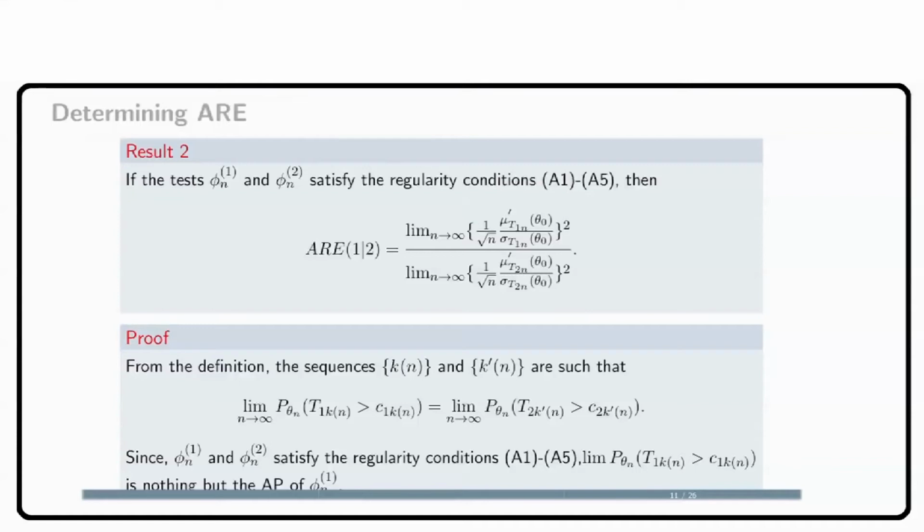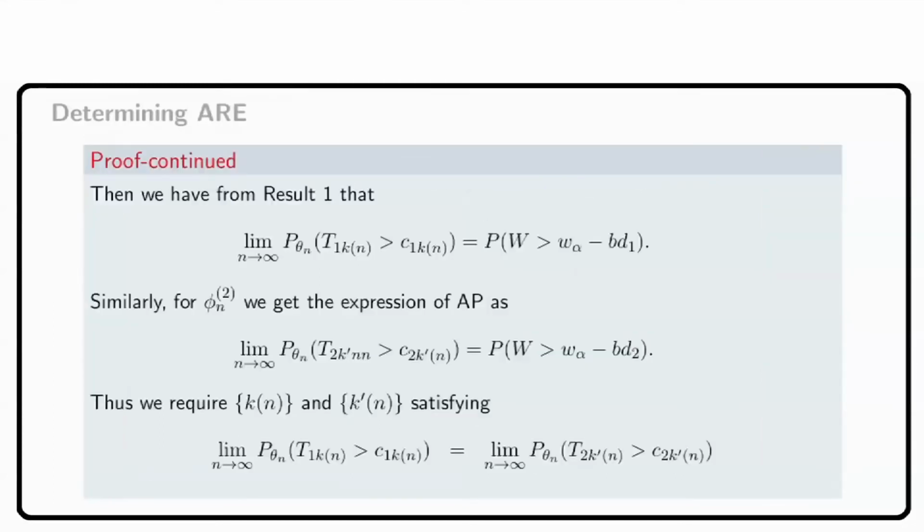For example, the limit of the probability under theta n of T1 kn greater than C1 kn is the asymptotic power of phi n1. Then we have from result 1 that the limit of P theta n of T1 kn greater than C1 kn is equal to the probability that W greater than W alpha minus BD1.